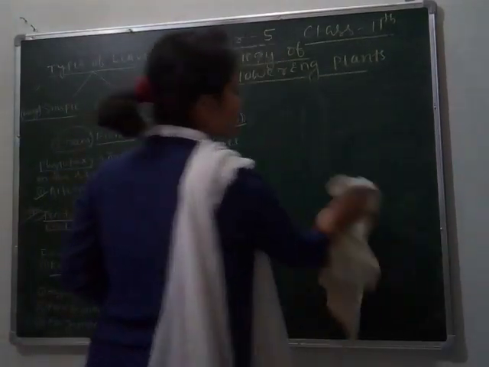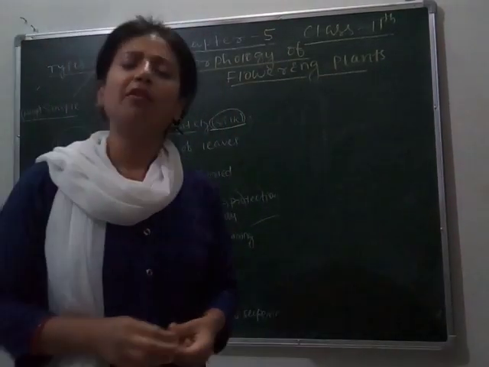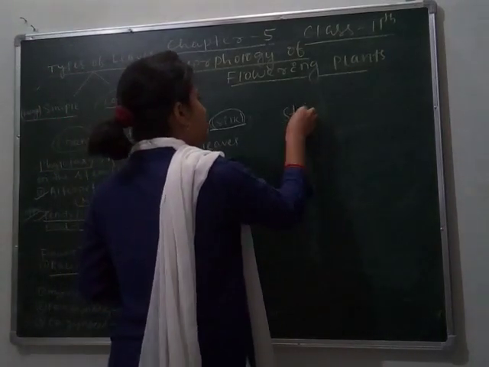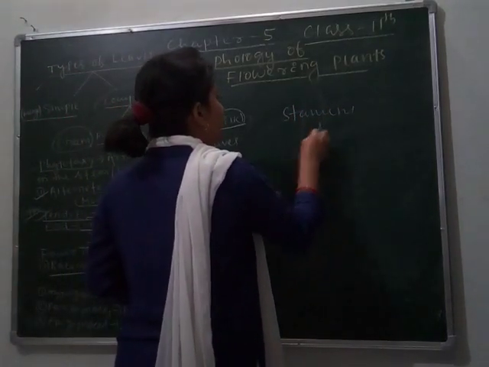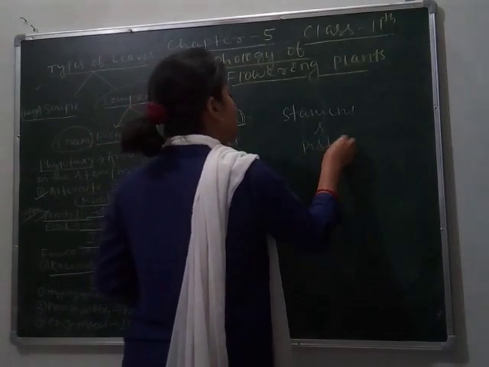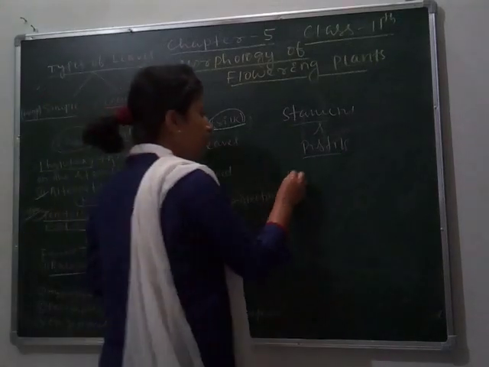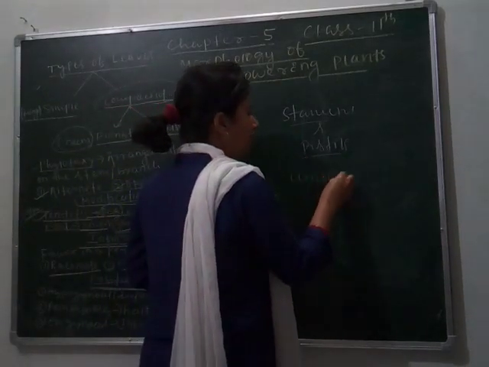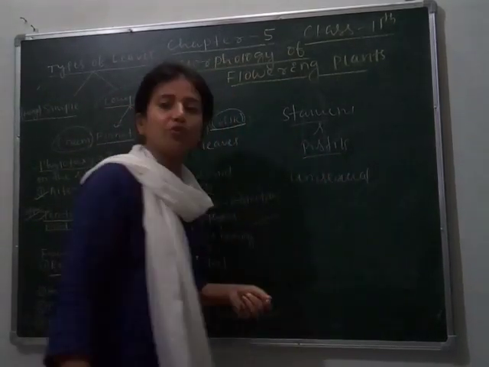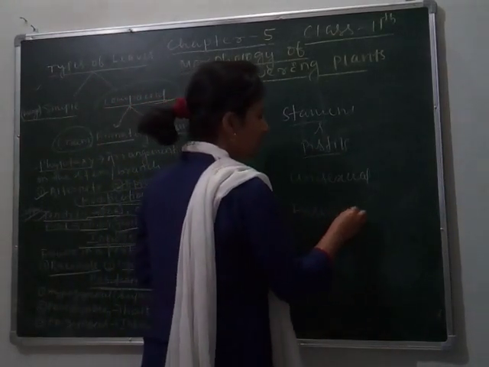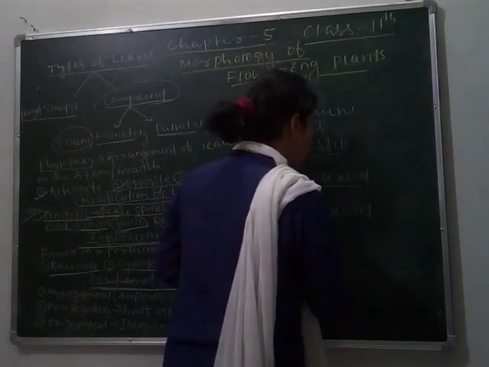First, we know that a flower contains the sex organs, meaning stamens and pistils. On this basis, flowers are divided into two types: one is unisexual and another is bisexual.